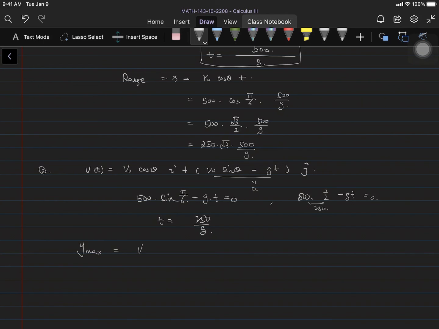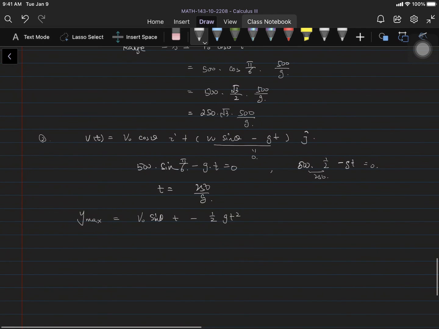After this time, we hit the highest position, and then the maximum y value is v0 sine theta t minus 1/2 g t squared. This is the y, right? And then we just plug in the t: v0 500, sine 30 degrees, t is 250 over g, minus 1/2 g times t squared.